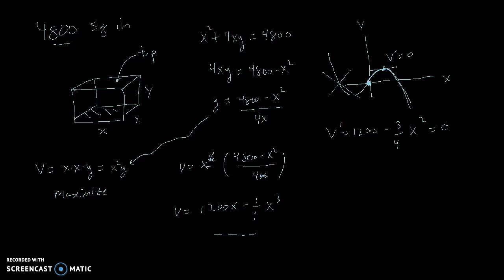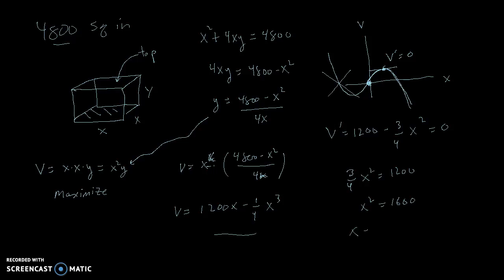We're looking for the maximum. So 1200 minus 3/4 x squared is 0. That means 3/4 x squared is equal to 1200. Multiply by 4, divide by 3. X squared, if we divide by 3 first, it's 400 times 4. We should get x squared equals 1600.